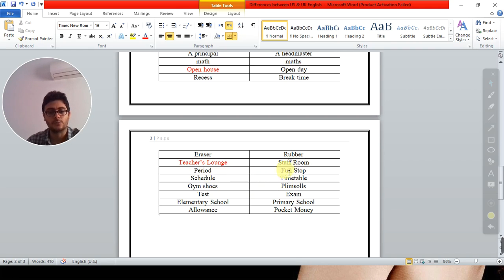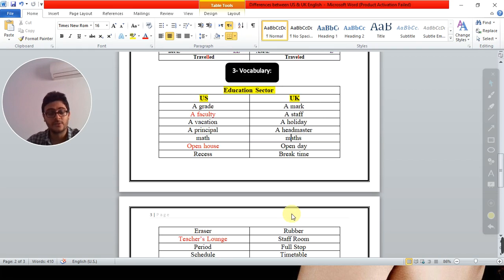Period equals full stop. Schedule equals timetable. Gym shoes equals plimsolls. Test equals exam. Elementary school equals primary school. Allowance equals pocket money. And here are some differences in vocabulary in the education sector.